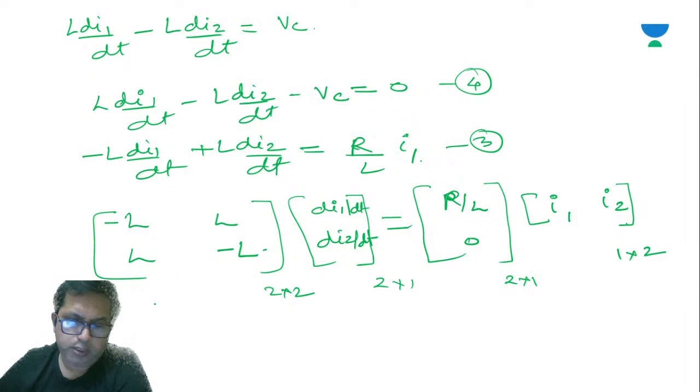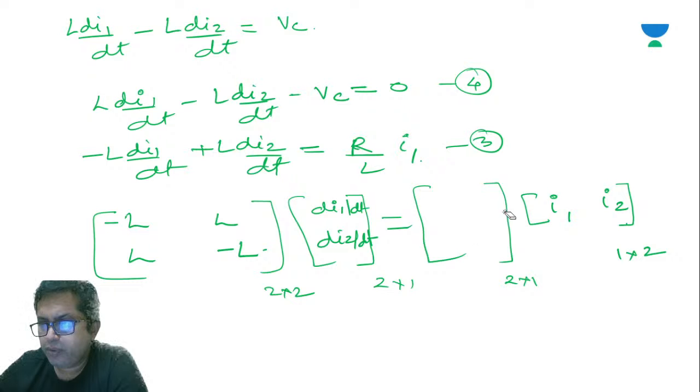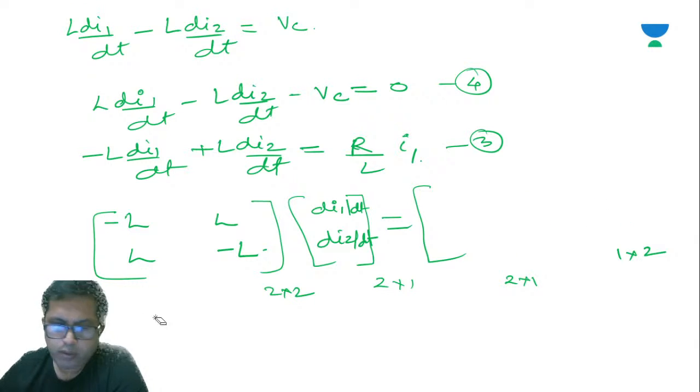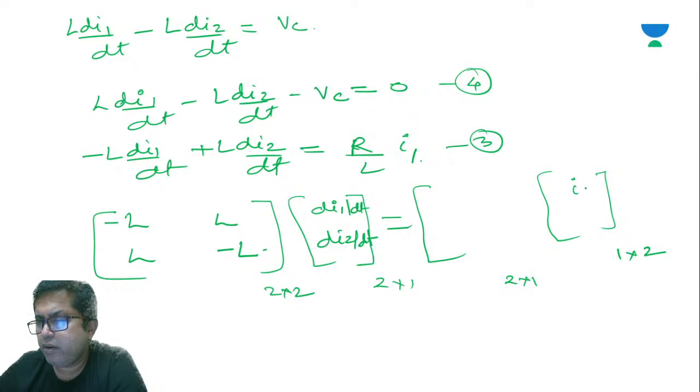Let us check the form. This will be equal to I1, I2, so 2 by 1.